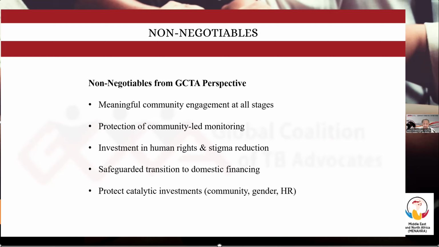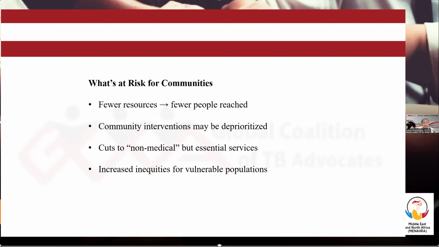So, on the risks and realities of what we are anticipating, while there are risks, GC8 also presents important opportunities for the TB response. For example, the stronger focus on integration and system strengthening could improve continuity of care if implemented in a way that remains responsive to community needs. At the same time, we need to be realistic about the challenges in this funding cycle.